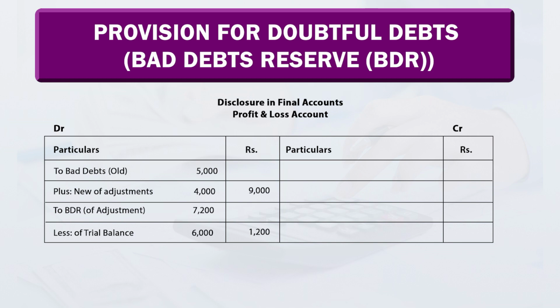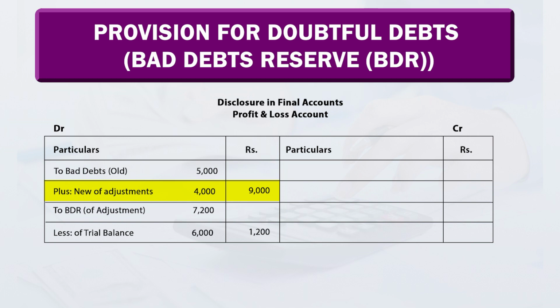Now, we will see the disclosure in our final accounts. Let us have a look at our profit and loss account. Friends, be careful over here. Here, old bad debts we have 5,000. When I say old, it means the items of the trial balance, and the new adjustment given is 4,000.